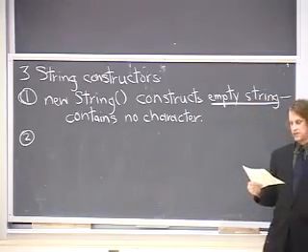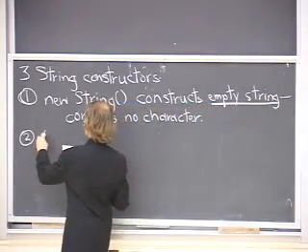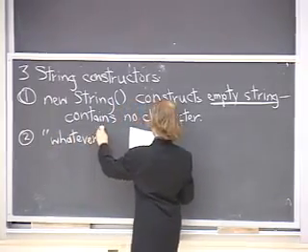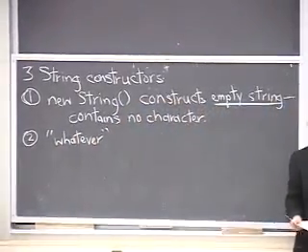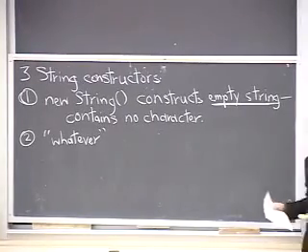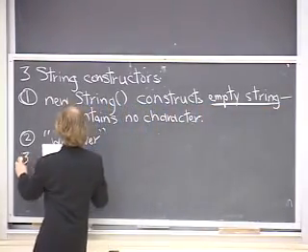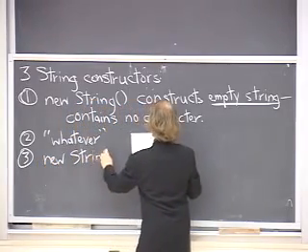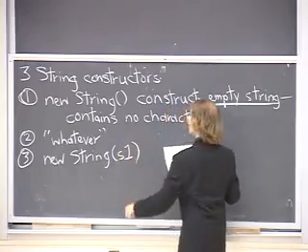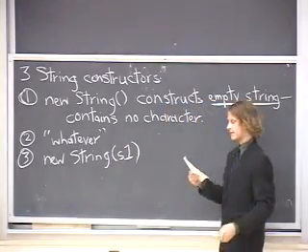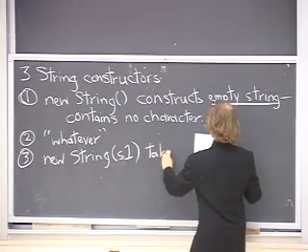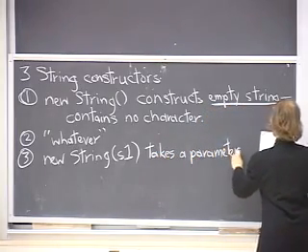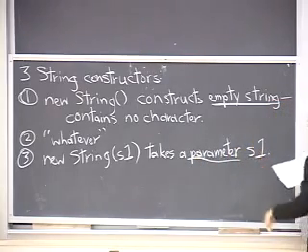The second example was you can just stick something in quotes, like whatever word you want to type. And that just automatically constructs a string with the characters that you specified in your program. And the third example was new string again, except this time the invocation, new string, takes a parameter, S1.